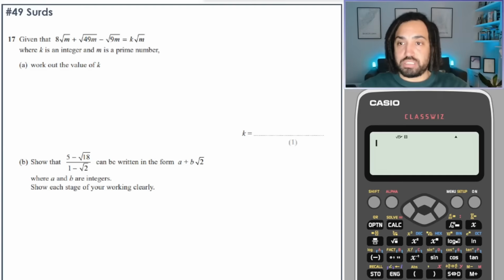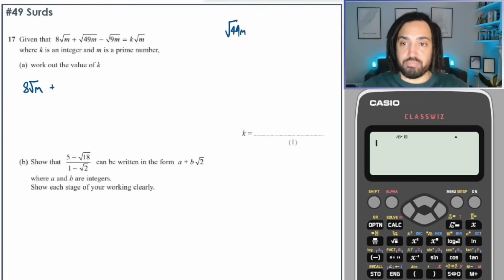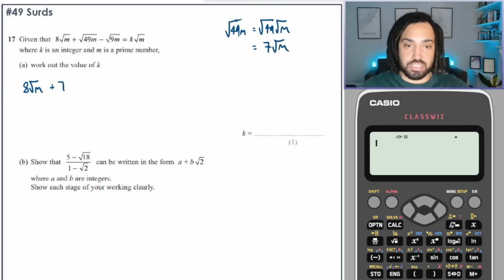Okay, question number 17, and we have a horrible looking third question. Anyhow, 8 root m plus root 49m, which is the same as root 49 times root m, which is the same as 7 root m.